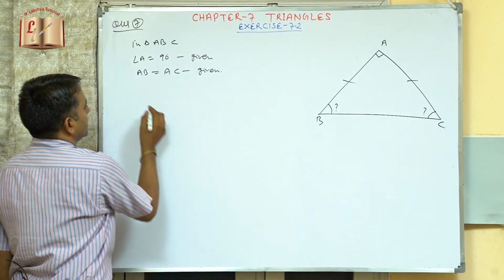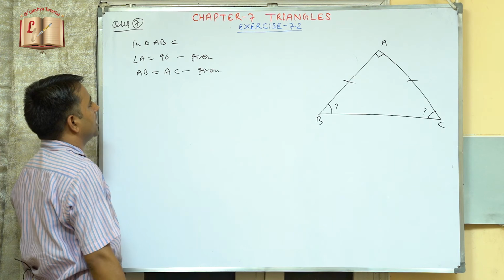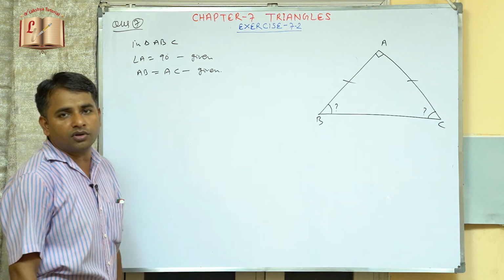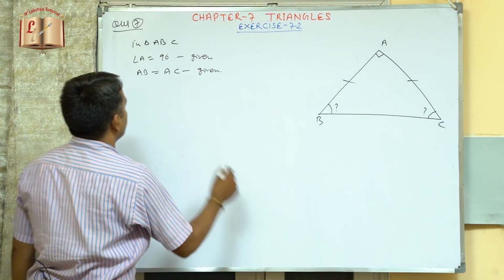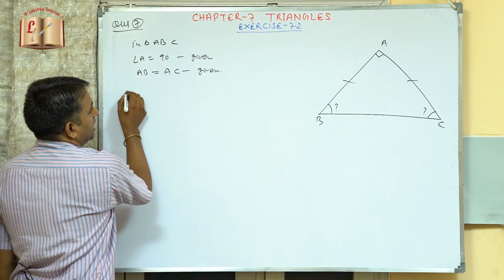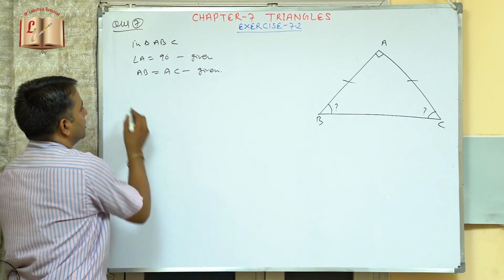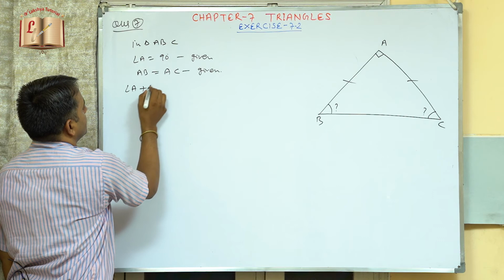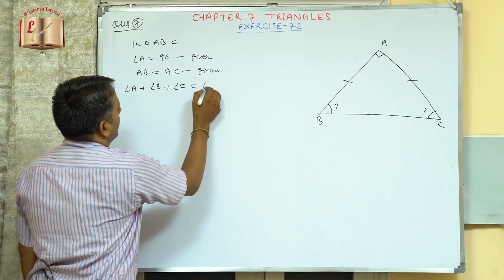So now coming to this triangle, these two angles will be equal. Angle B and angle C will be equal because this is the case of an isosceles triangle. So in triangle ABC, angle A plus angle B plus angle C is equal to 180 degrees.